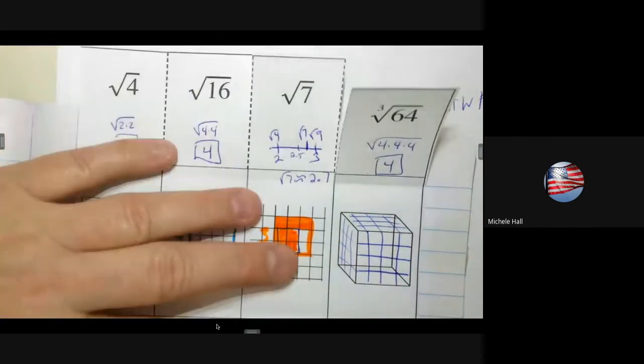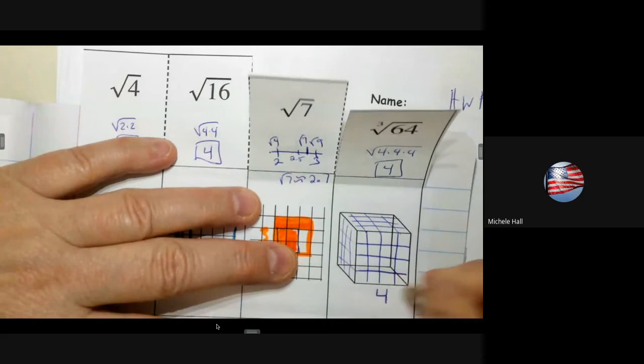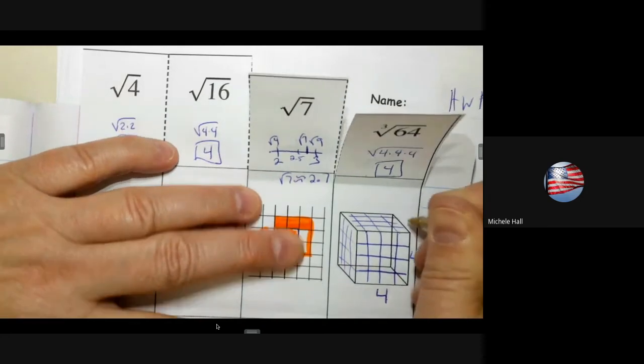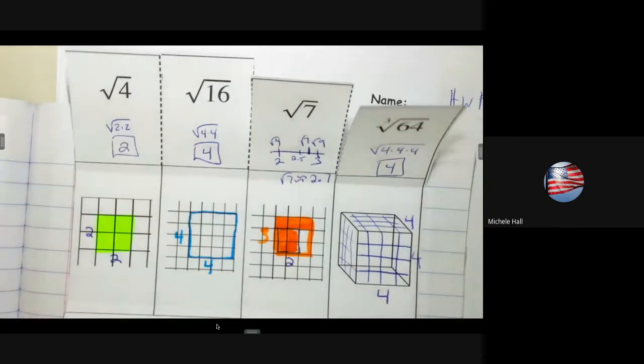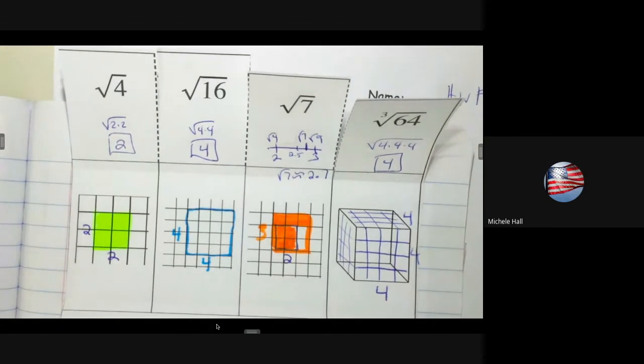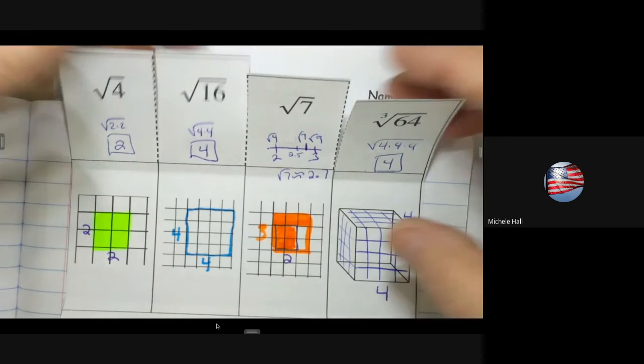So this is a 4 by 4 by 4. 4 by 4, and then giving it some width, 4. That is what a cubed root is. A square root is 2-dimensional. A cubed root is 3-dimensional.